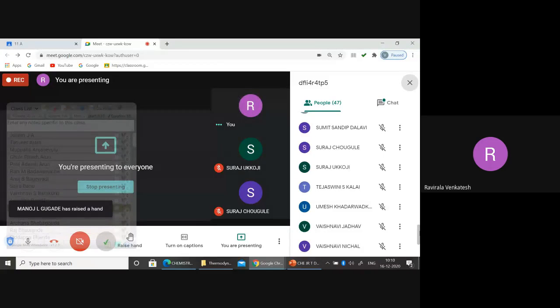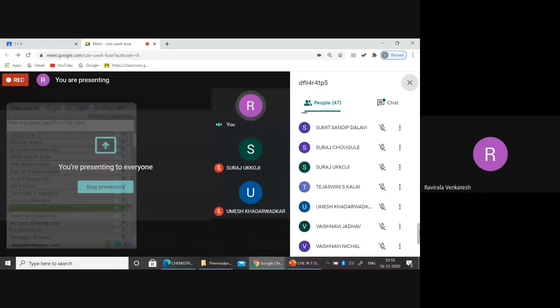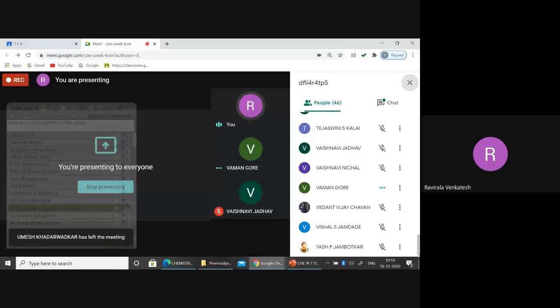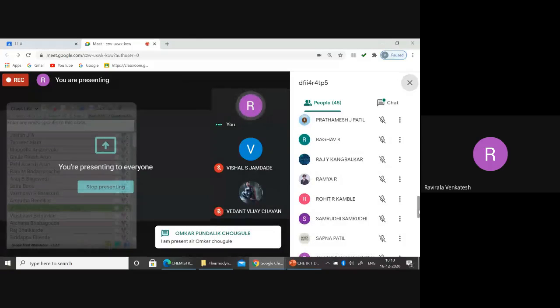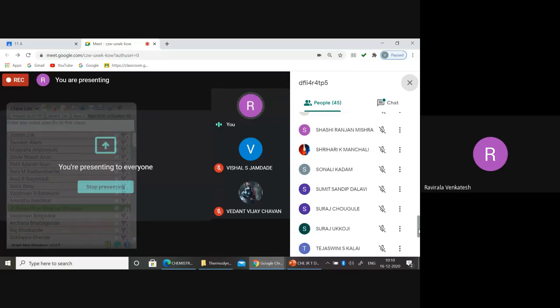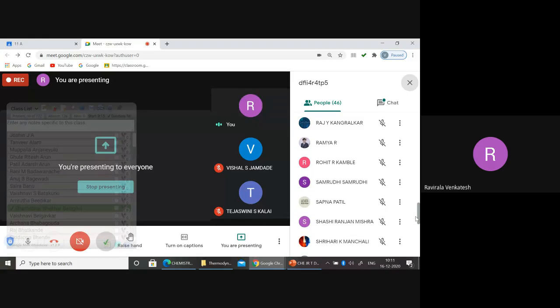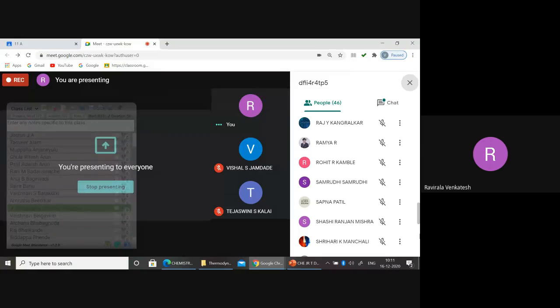Triambak absent. Umesh. Present, sir. Vaishnavi N. Present, sir. Vaishnavi J. Present, sir. Vaman, yesterday absent. Vedant. Present, sir. Vishal. Present, sir. Swastika absent. Tejaswini is there.